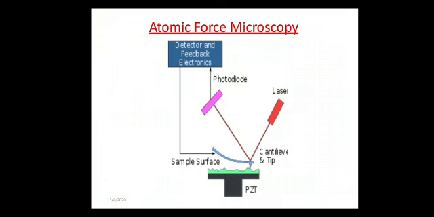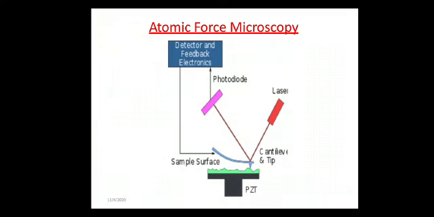Here in the sketch you can see the detector and feedback electronics, the photodiode, the sample surface, the tip, as well as the laser beam. Some advantages of atomic force microscopy are that it provides a three-dimensional surface profile, the sample doesn't require any coatings, and it does not need a high vacuum chamber.